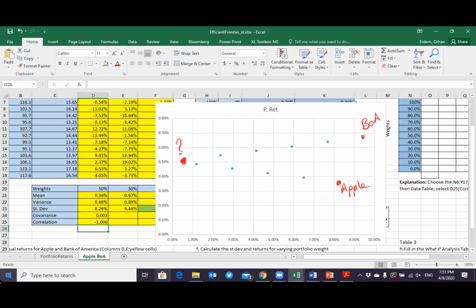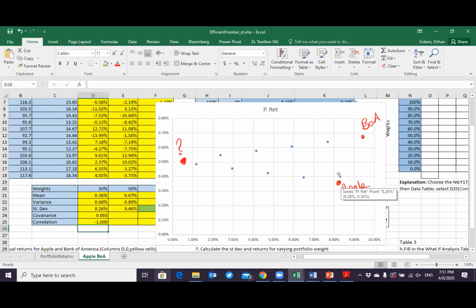Okay, just evaluate a little bit more. Under what condition? I guess, okay, given that those stocks correlate negatively. Exactly. Okay, so -1. Given that, this is the bottom line. Given that you have two stocks, assume that Bank of America is here and Apple is here.